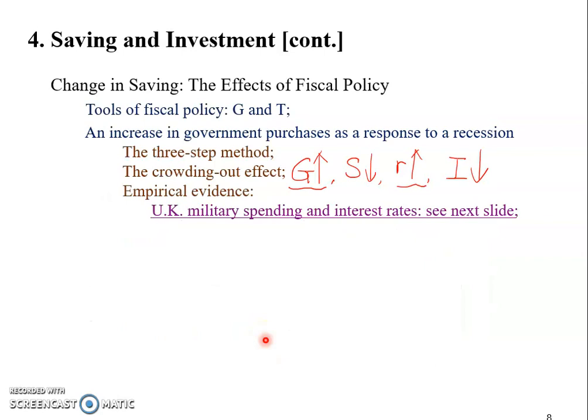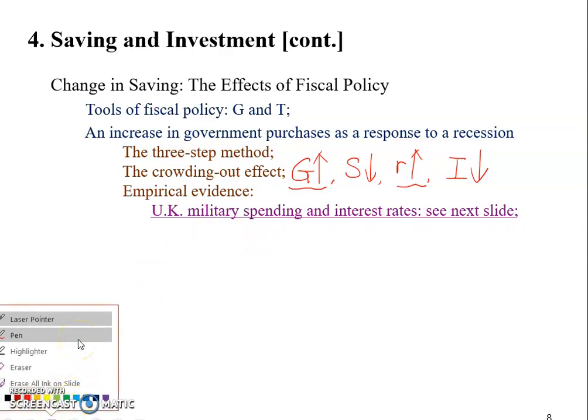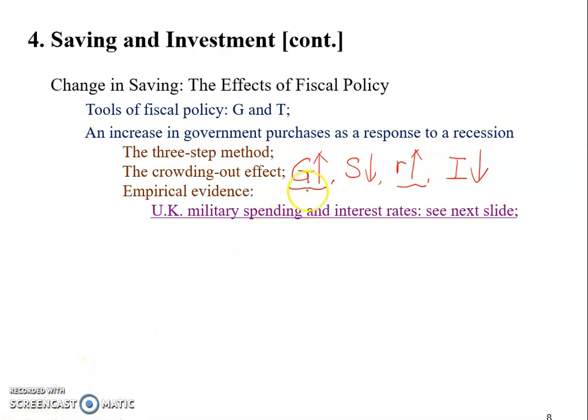Let's come back here. So what we're saying is the evidence we just checked out is supporting, is consistent with our theoretical conclusion. And then the next one we're going to look at is tax cuts.